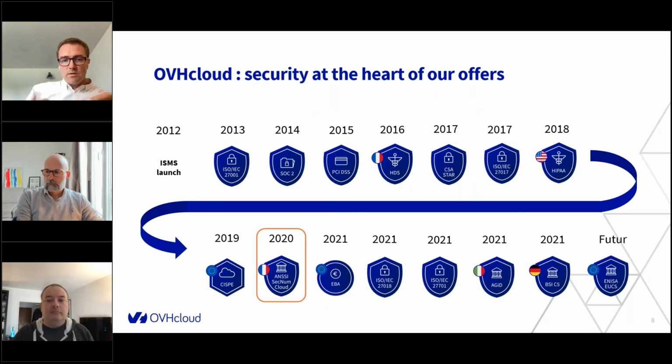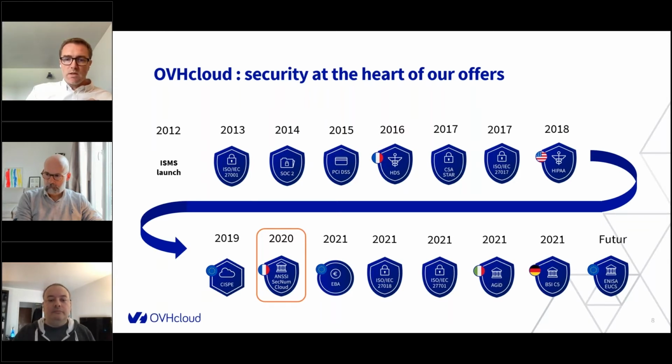And because we are in 2021, I would like to show that we also got a SecNumCloud qualification, which is a top level of security requested by the ANSSI organization, to provide a level of service for the public sector in France. And you can see also a new certification that we are going to get in the future.